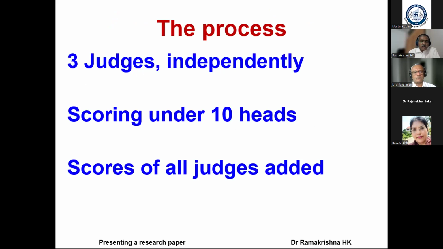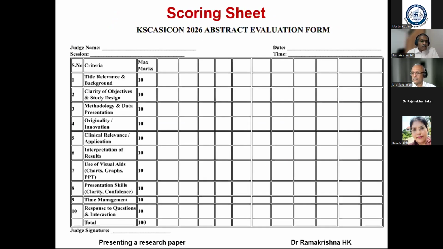The process is that KSC-ASI employs 3 judges who sit independently amongst the audience, and they have a score sheet. They score each presentation under 10 heads. At the end, the scores of all 3 judges are added, and whoever gets the highest will get the award. This is the scoring sheet we used in the recent KSC-ASI con at Raichur.